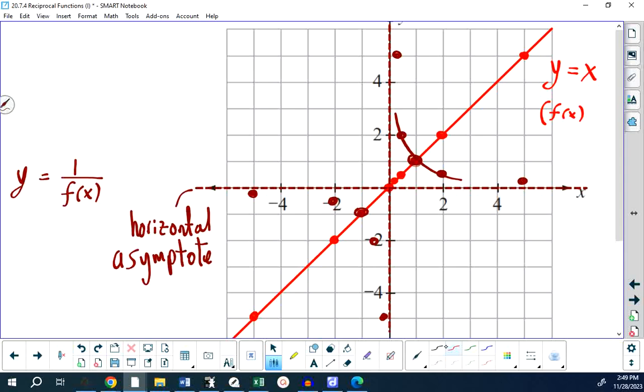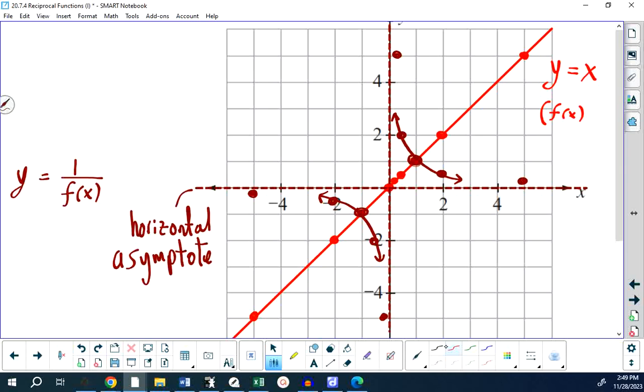We simply are going to put a little arrow on the end of each part. And since it's right there next to an asymptote, what that means is it gets closer to the asymptote. It encroaches on the asymptote. And the same thing over here. And that's what the graph looks like.